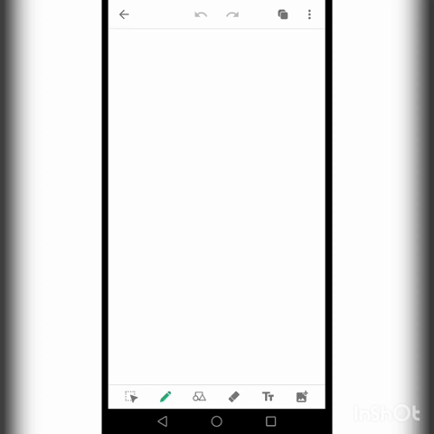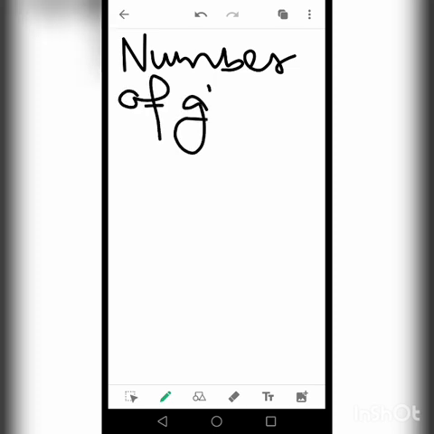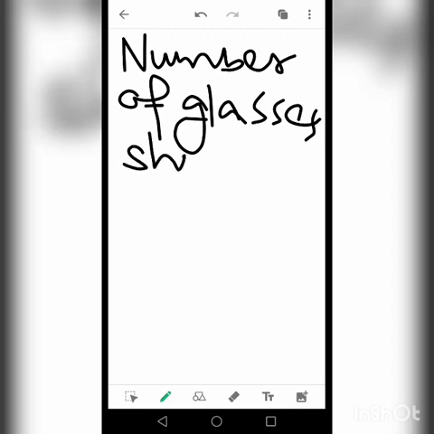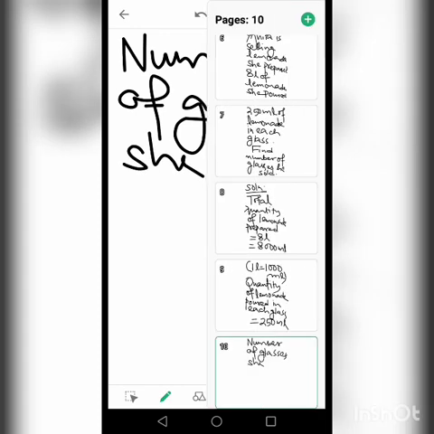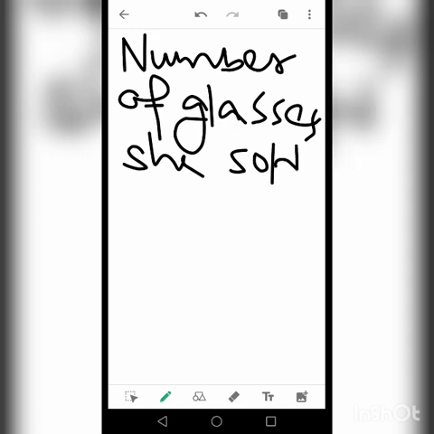Now 250 ml is poured in each of the glasses. So now we can find out the number of glasses she sold. When we divide the total quantity by the quantity of lemonade poured in each glass, we are getting the count of how many glasses were sold.